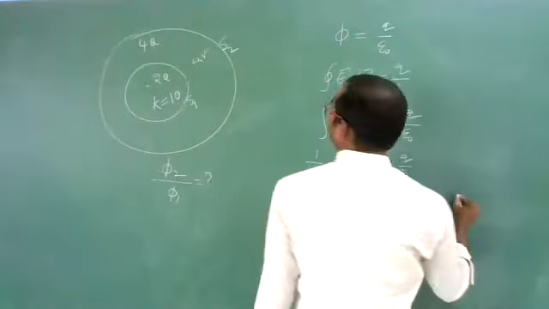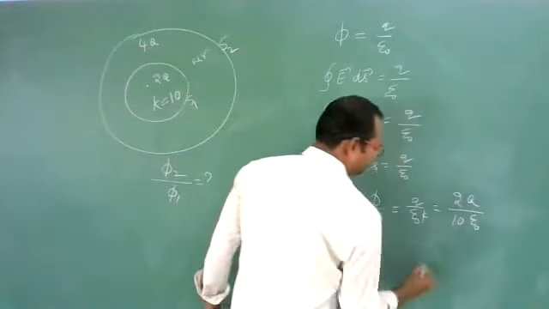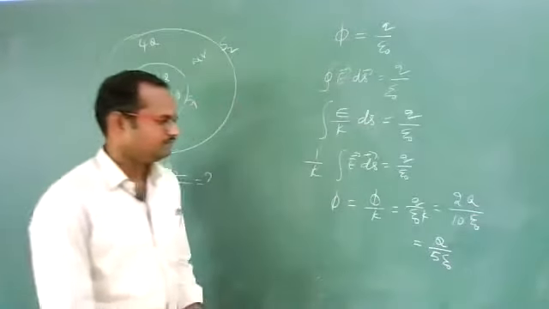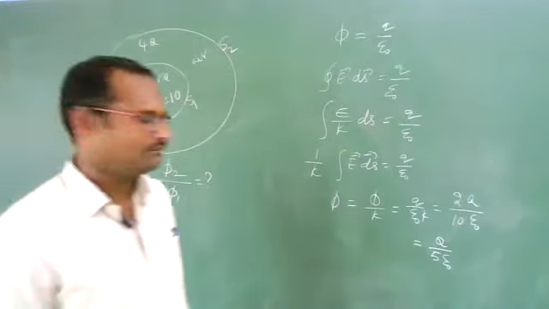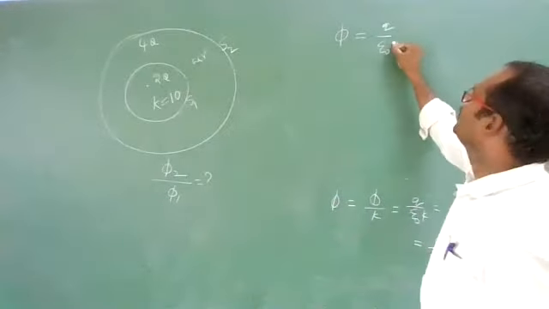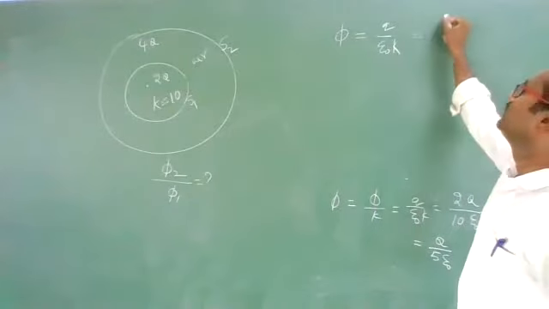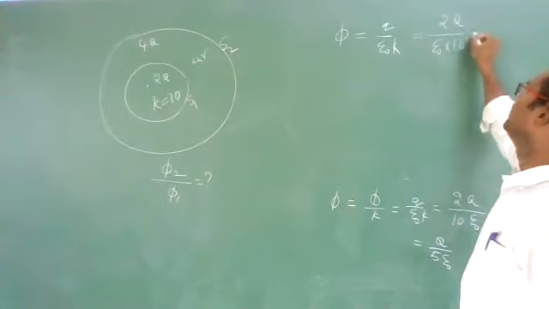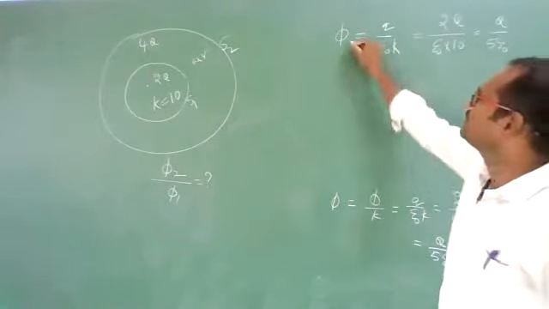Here q is 2q and k value is 10, so it will become q by 5 epsilon naught. Or otherwise, simply wherever epsilon naught is there, replace it with epsilon naught into k. Flux through the first surface will become this much.